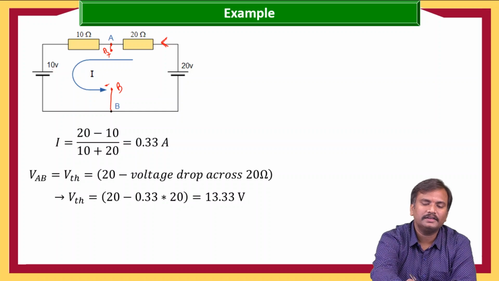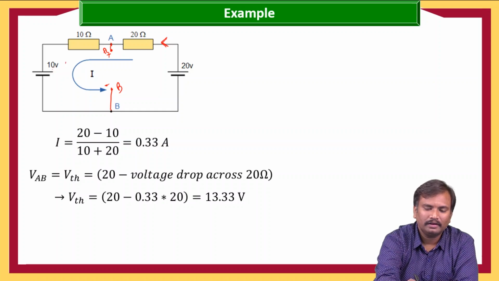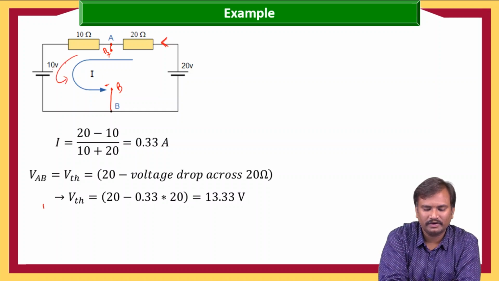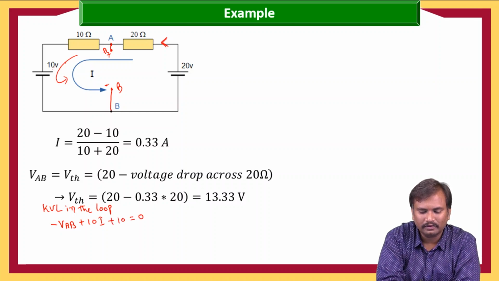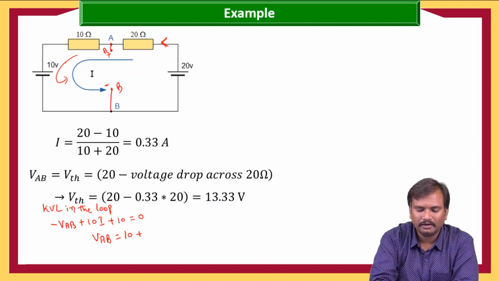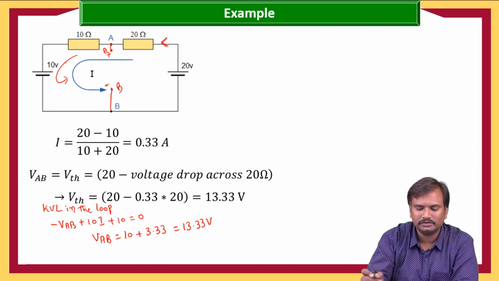Another way, by considering the other source, is to write the KVL in the first loop: minus VAB plus 10 into I plus 10 is equal to 0, where VAB is equal to 10 plus 10 into I, which is 10 into 0.33, that is 3.33, so it equals 13.33 volts.